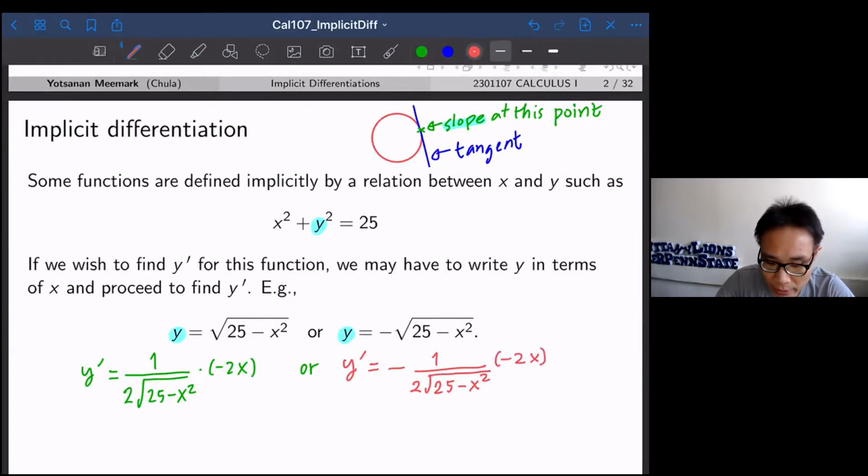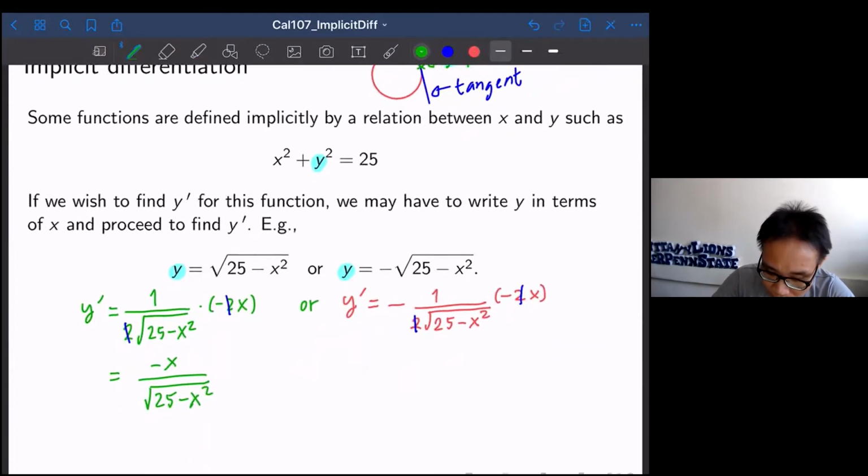Okay, and you see that you'll be able to get rid of the 2 and 2, and you're gonna get negative x over square root 25 minus x squared for the first one. And for the second one, you will get x over square root 25 minus x squared.